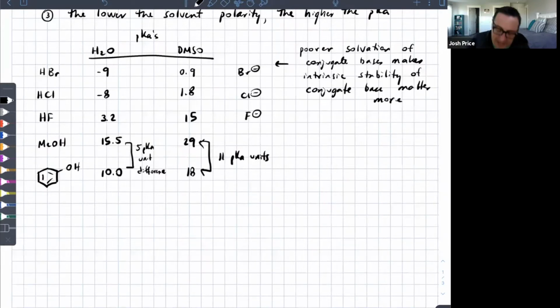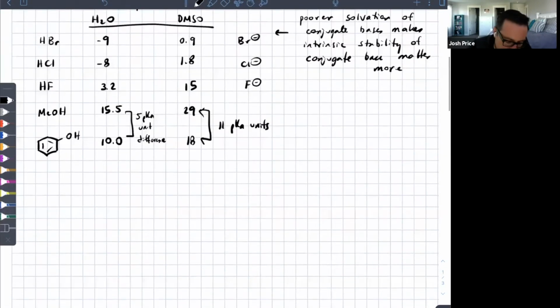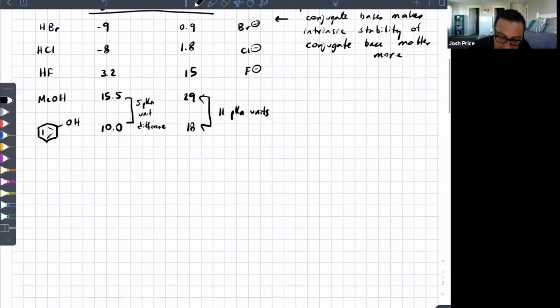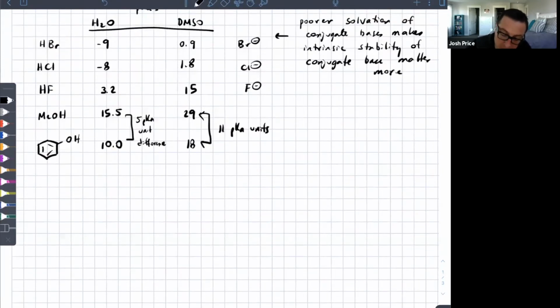Size and acidity are somewhat difficult to tease out because there's a lot at play. There are two general ways that size can affect acidity.